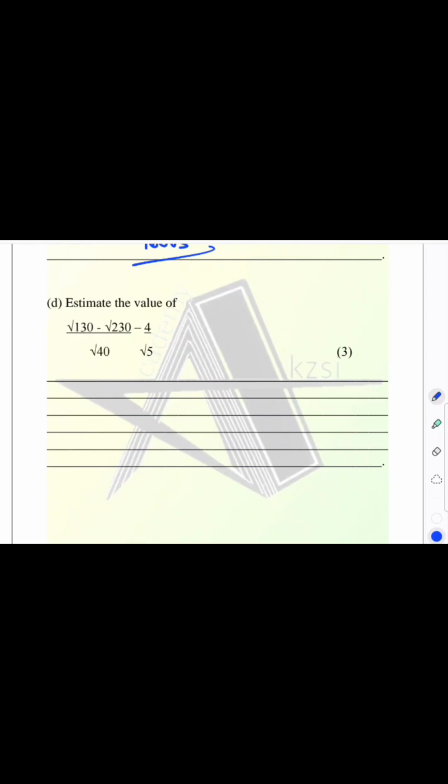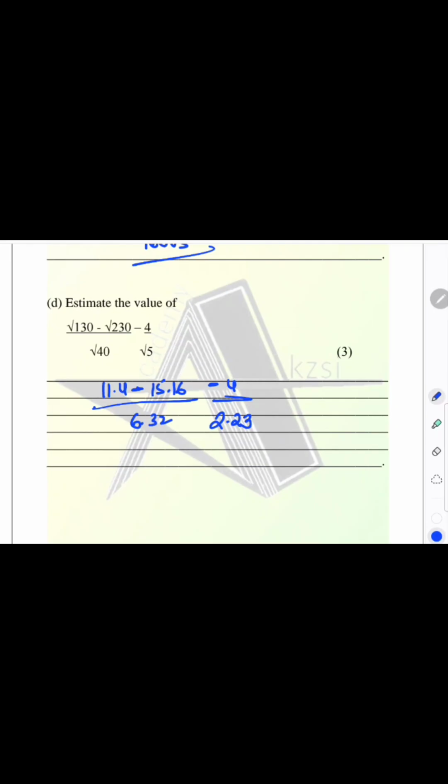So root 130 is 11.4 minus root 230 will be 15.16 over root 40 is 6.32 minus 4 over root 5 will be 2.23.